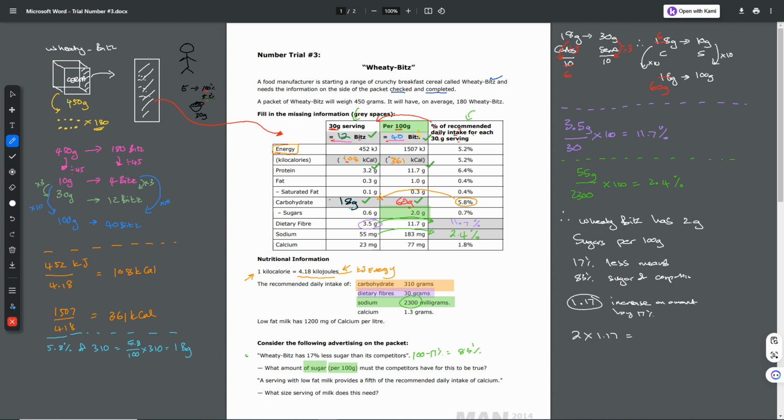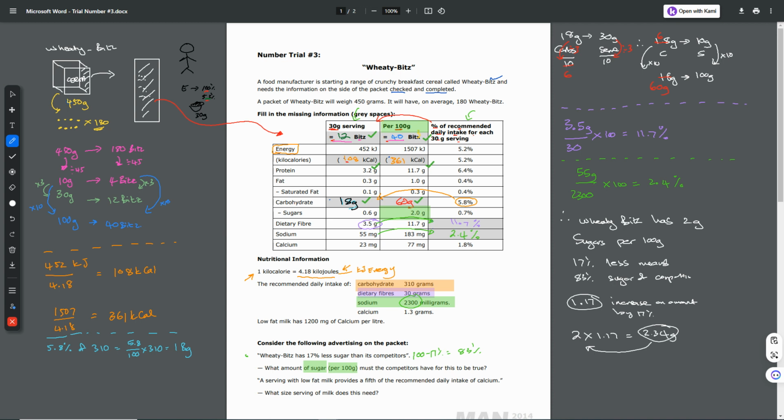So let's go back in here and put it on the calculator and go 2 multiplied by 1.17, and that comes to 2.34. 2.34 grams. That is 17% more than that. So Wheatie Bix has 17% less sugar than its competitors. The competitors will have 2.34 grams. Because if you reduce it by 17%, it should go backwards.